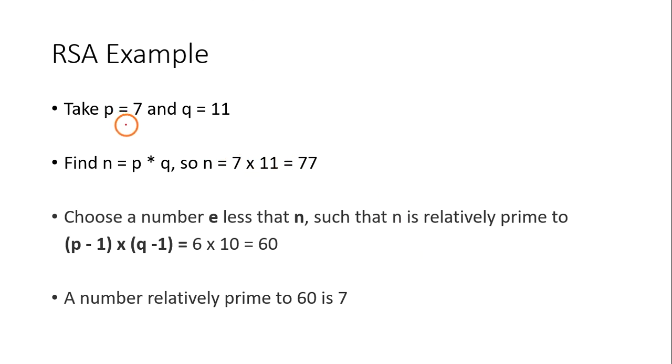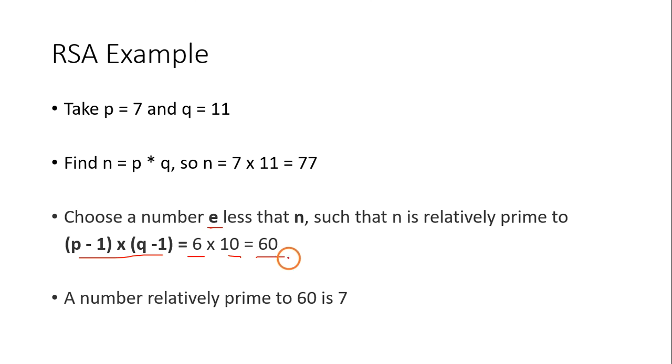So first step is calculating or finding P and Q, some prime numbers. Okay, so I took two prime numbers, 7 and 11. Next step is calculating N, which is P into Q, that is 7 into 11, which is 77. Then you have to find the number E, which is relatively prime to the totient function, phi of n, which is given as (p minus 1) into (q minus 1), which is 6 into 10, 60.